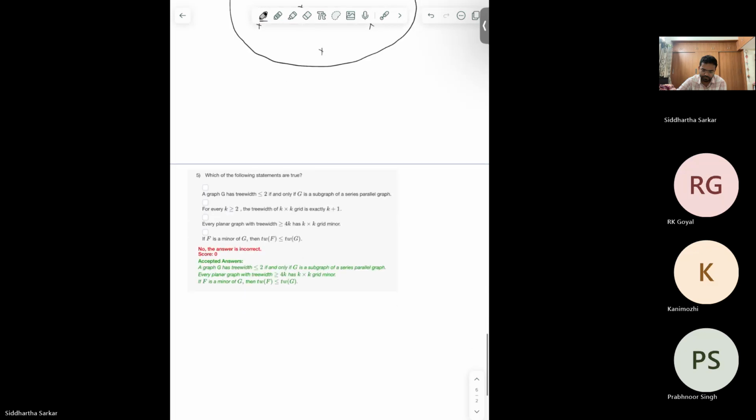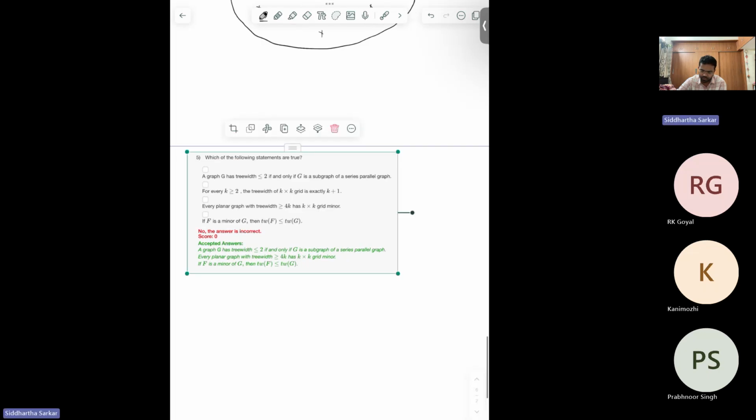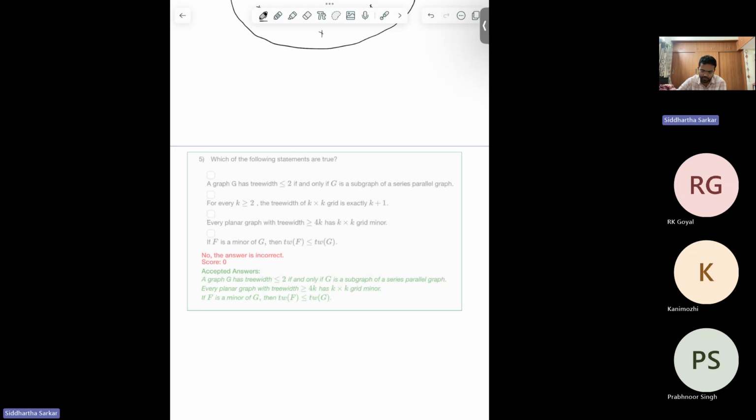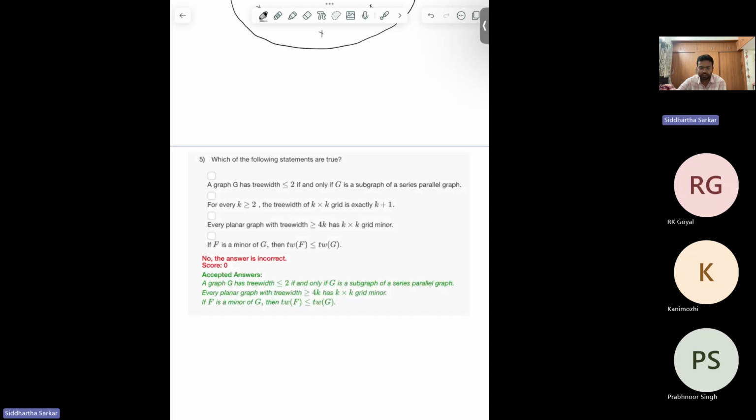Okay, so this is the last question for today. It is more like a true and false kind of question. Which of the following statements are true? A graph G has tree width less than or equal to 2 if and only if G is a subgraph of a series parallel graph.